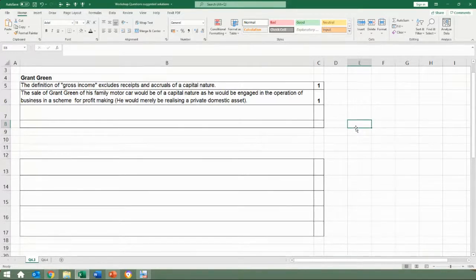So you then state the sale of his family car would be capital in nature, as he would not engage in the operation of a profit-making scheme. So he would have to show it is a private domestic asset and not a business asset.